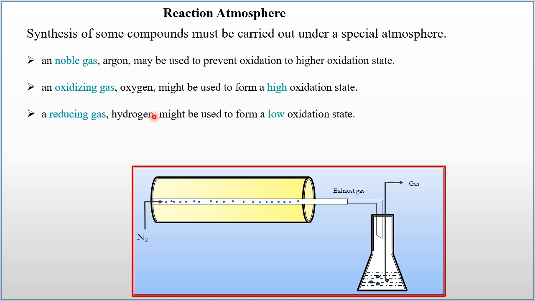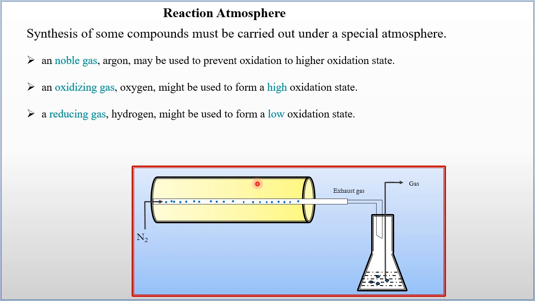It could be a noble gas if you do not want your product to go into a higher oxidation state, or an oxidizing gas like oxygen, because you want your product to be in a high oxidation state, or you want to create some oxygen related defects in your product to tune their electronic property. Or your intention could be to reduce the oxidation state to the lower side, then you might be using hydrogen as the reducing gas.